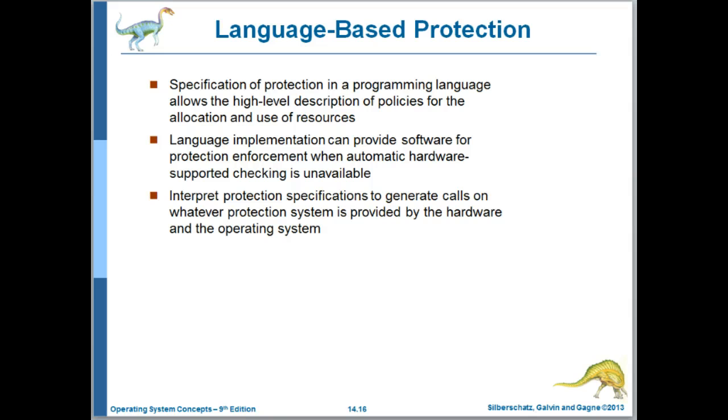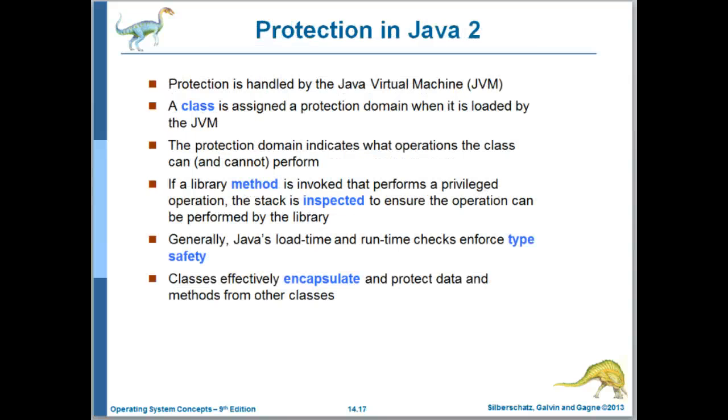So the goal of language-based protection is to prevent such exploits as we recently saw with Heartbleed, for example. So in Java, as stated here, classes at load time are assigned protection domains, and then as method calls are made, there's a doPrivileged method that can add, in essence, capabilities on the execution stack for a thread.